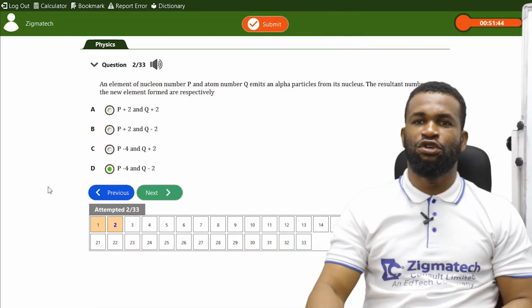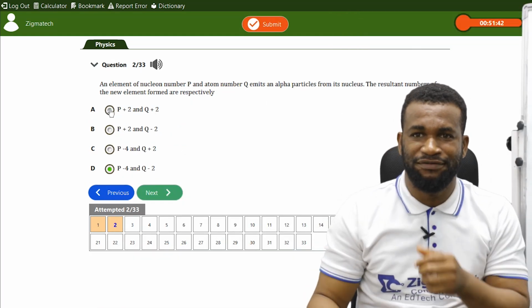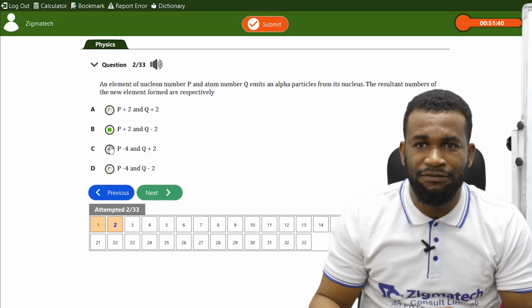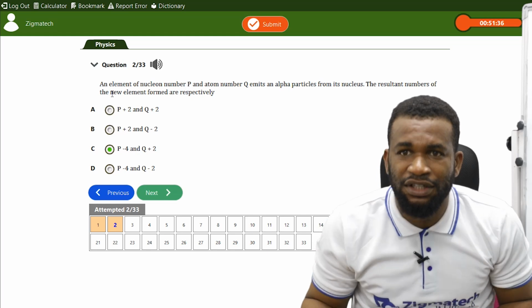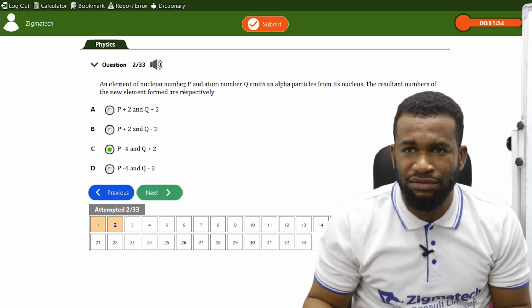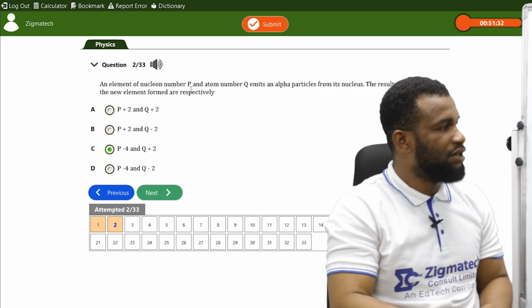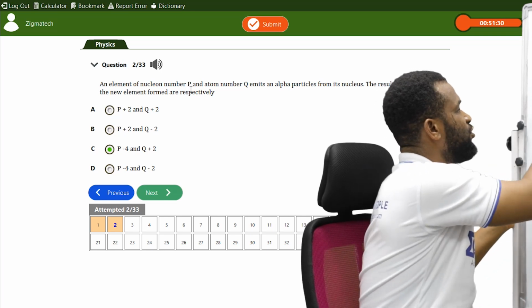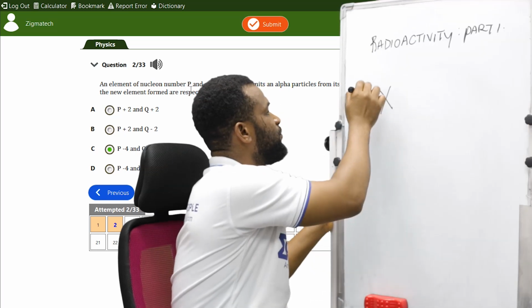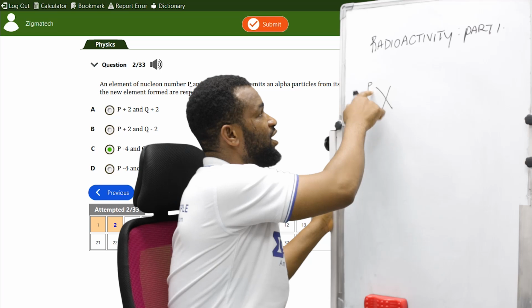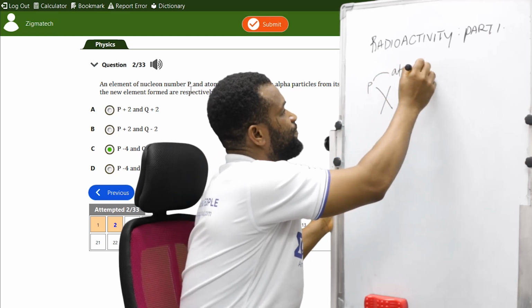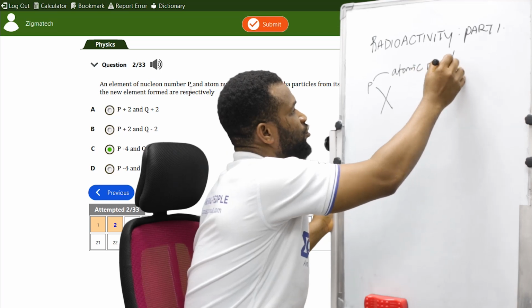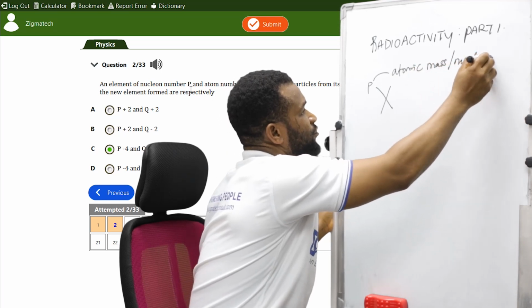All right, let's go to this number 2 question. Okay, now let's look at it first. I'm not choosing any one. It said an element of nucleon number P. All right, remember if I have this nucleon, if this is P, remember what should be there? And this one is called atomic mass or nucleon, of course.